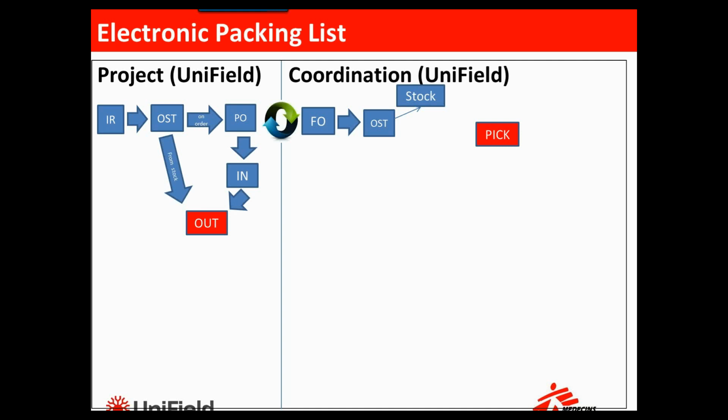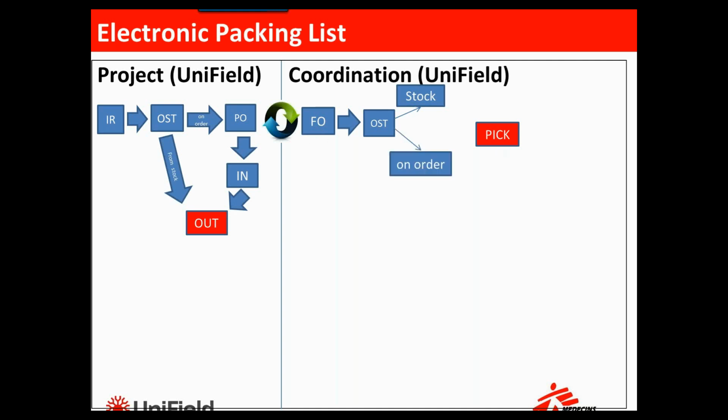This picking ticket is linked to the field order that was created in coordination, because it knows that I need to deliver these items back to the project. I have a field order in my instance, and I need to wait for the items to be delivered so that I can send them back to the project, or take the items from my stock and send them to the project.